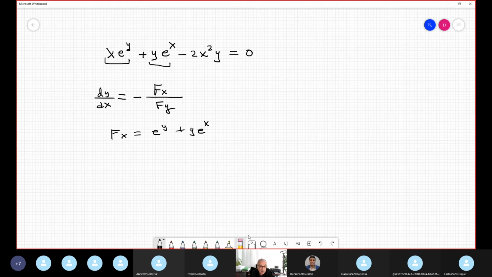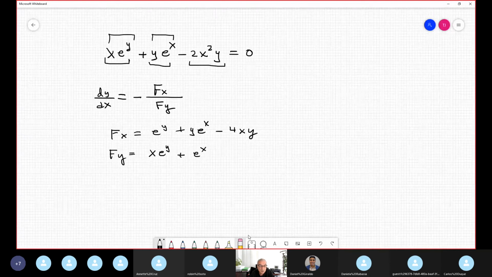And differentiating this with respect to x gives minus 4xy. Good. Now the partial derivative with respect to y. Differentiating this, x e to the y stays the same. Plus, differentiating this with respect to y, where y is a constant, the derivative of y is 1, giving e to the x. Differentiating this with respect to y gives minus 2x squared.